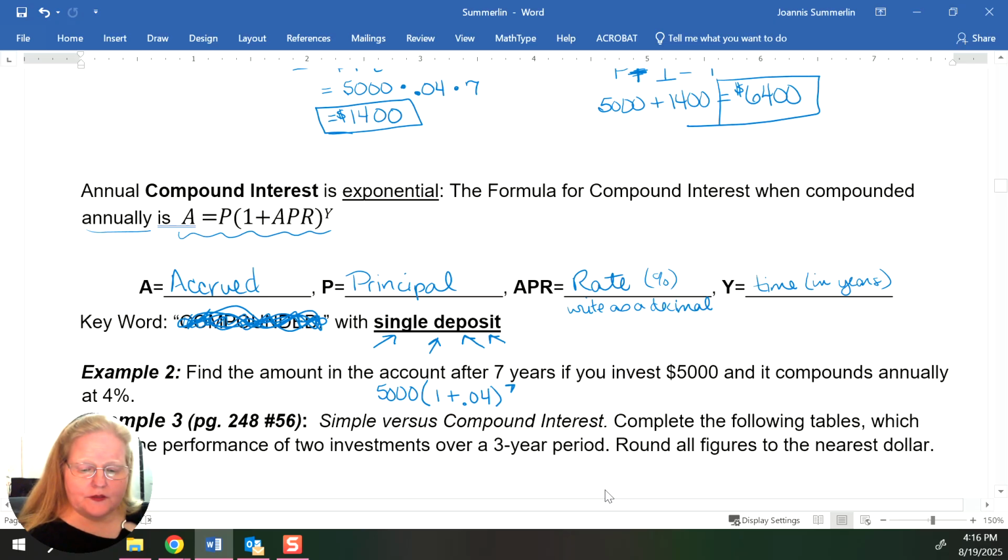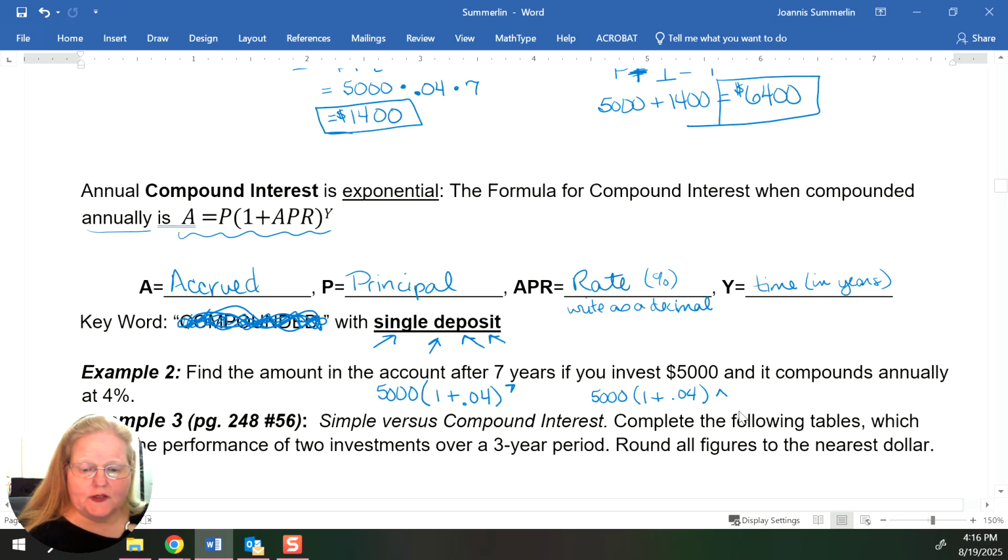You do an open parentheses, you do a 1 plus 0.04, you do a closed parentheses, just like it says. Then you do your little exponent key. Exponent key looks like the little housetop. So you type the 5,000, you type the open parentheses, the 1, the plus, the 0.04, the closed parentheses, and then the little housetop.